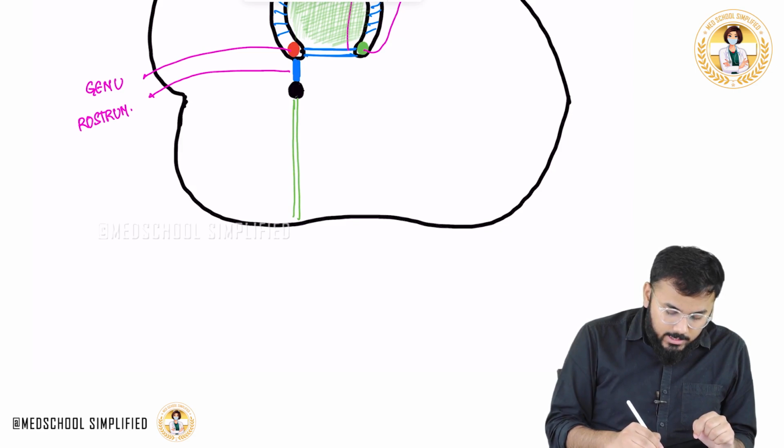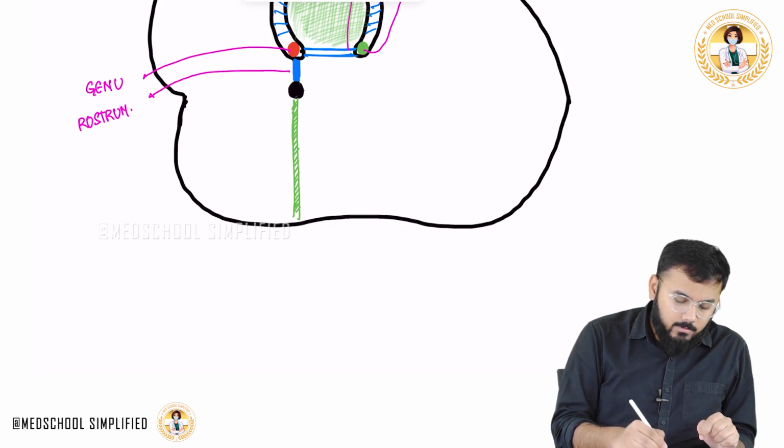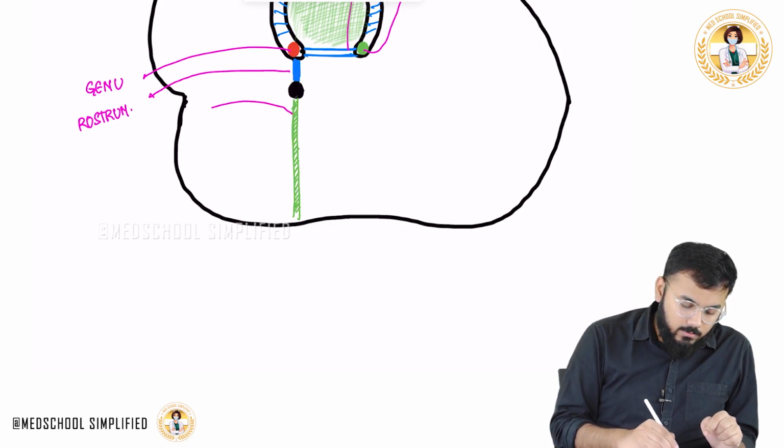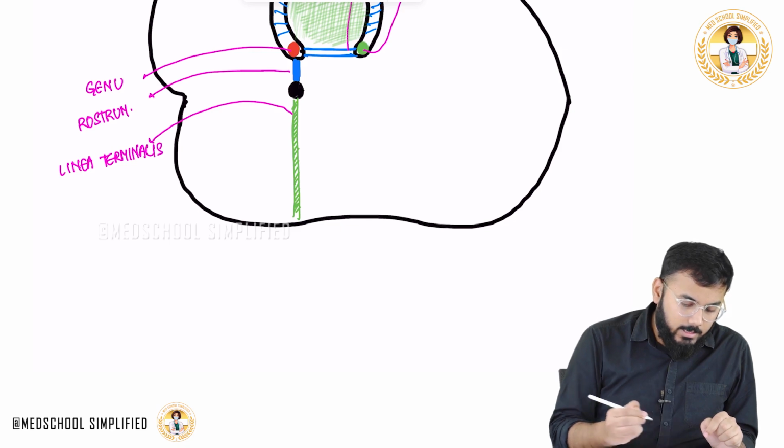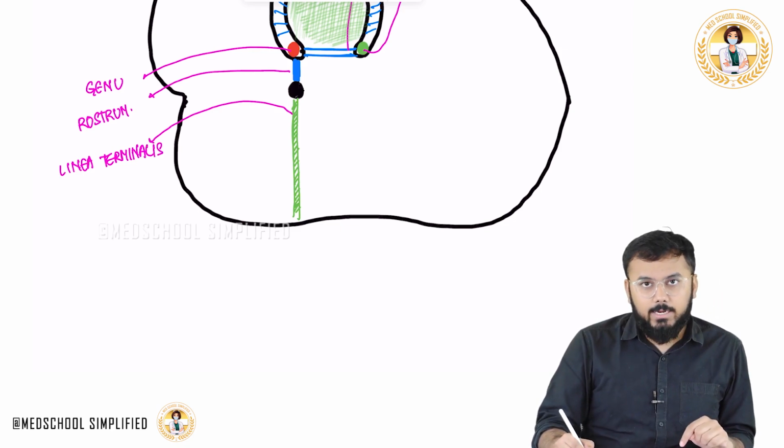Next, down here, you see this green color line which I am drawing. This green line is called the linea terminalis.